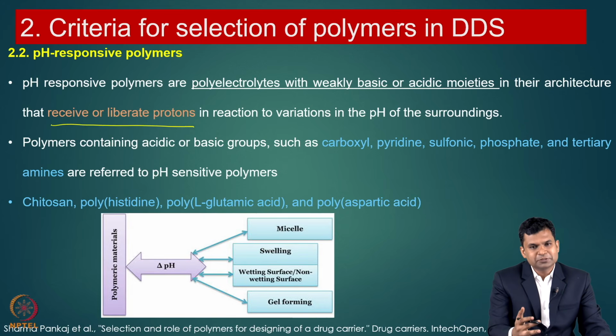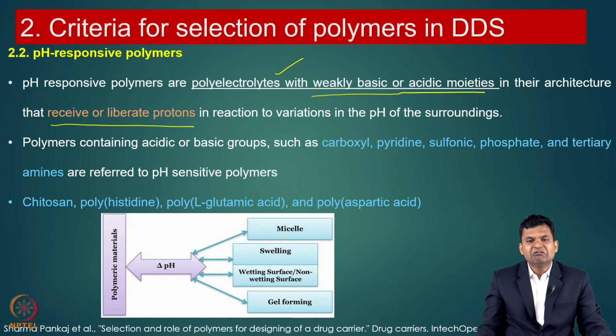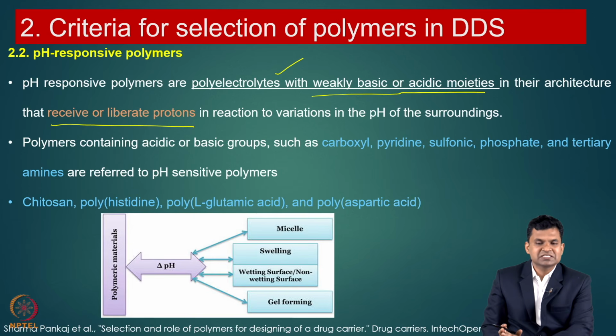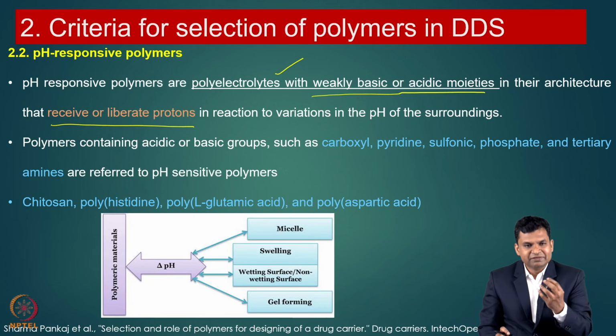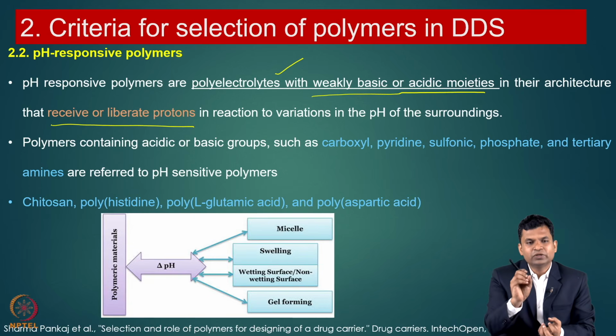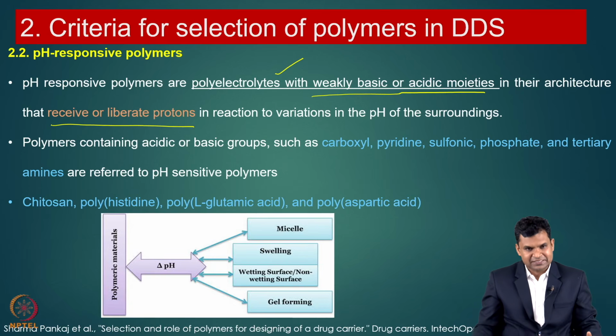These pH responsive polymers are polyelectrolytes, weakly basic or acidic in nature, and they will receive or liberate protons in reaction to variation in the pH of the surroundings. When you change from one pH to another, these polymers either receive or donate protons, and based on that they change their physical properties.